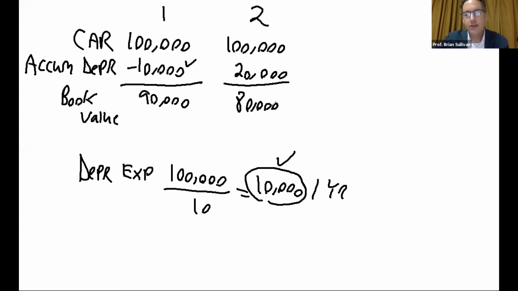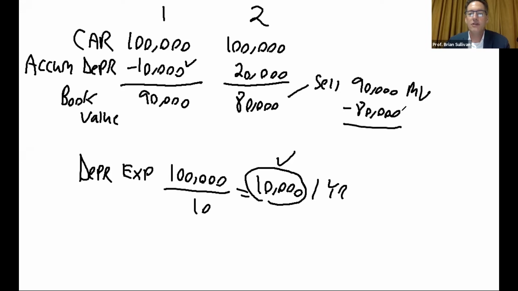Now, book value does not equal market value. We can sell the car at the end of year 2. And what we actually sell it for is the market value. So say at the end of year 2, we're going to sell it for 90,000. The sale price is the market value. We had a book value of 80,000. So did we have a gain or a loss, you guys, on the sale?